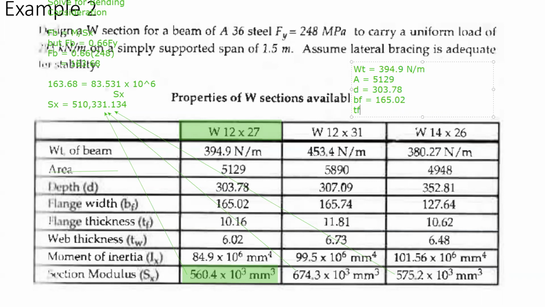You have your TF, thickness of the flange, this is 10.16. Thickness of the web is 6.02. Inertia is 84.9 times 10 raised to 6. And you have your section modulus, 560.4 times 10 raised to 3.